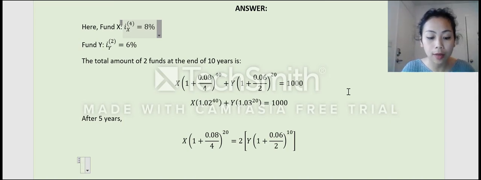So here you have X times 1.02 to the power of 20 equal to 2 times Y times 1.03 to the power of 10.